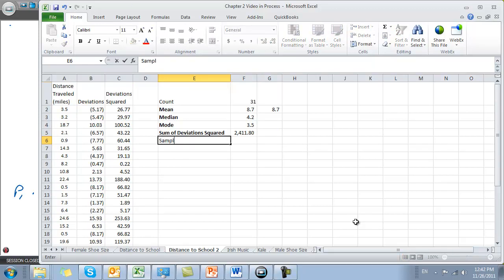And sample standard deviation equals the SQRT, the square root, of my sum of my deviations squared, divided by, open parentheses, a number of data points less 1, close parentheses, and I'm good. So I find that the average distance traveled is 8.7 plus or minus 9. It's a pretty broad standard deviation.